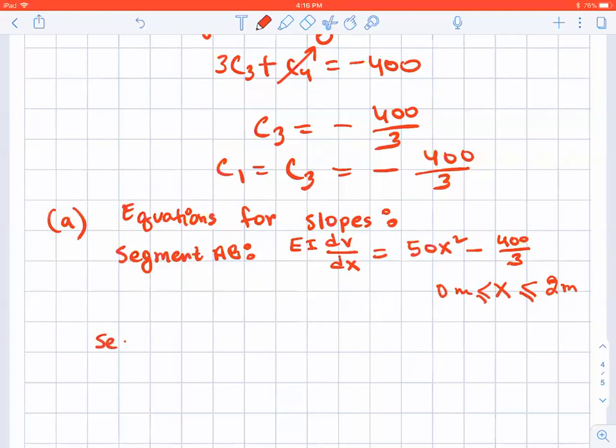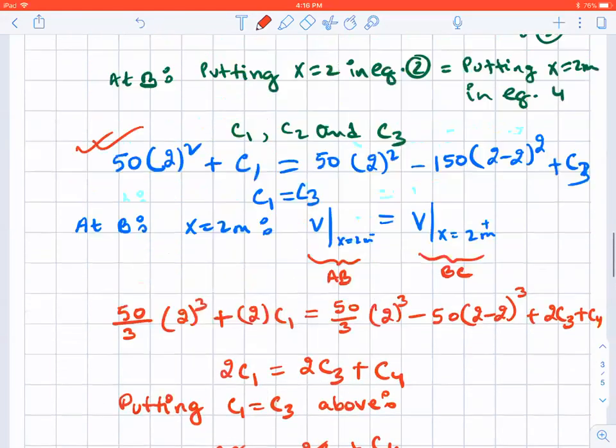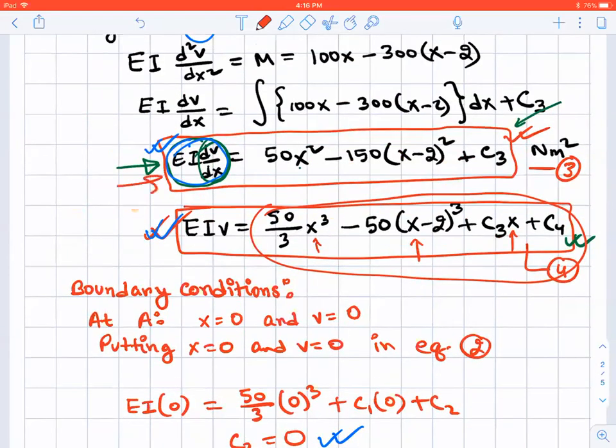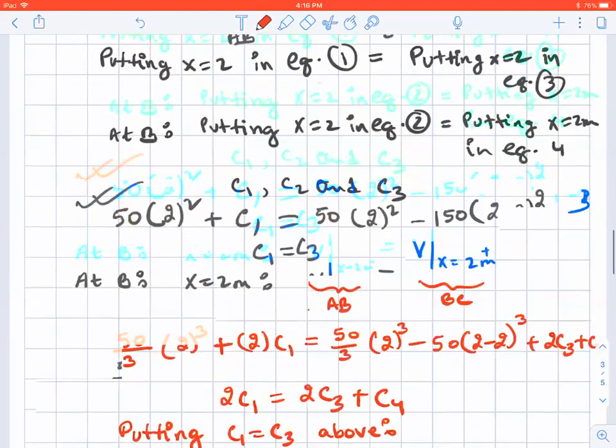Now I'm going to look at segment BC. That equation would be equation 3 here, this one. And that's EI dV/dx is equal to 50x squared. The only difference is now I know how much is my C3. So let's write it down.